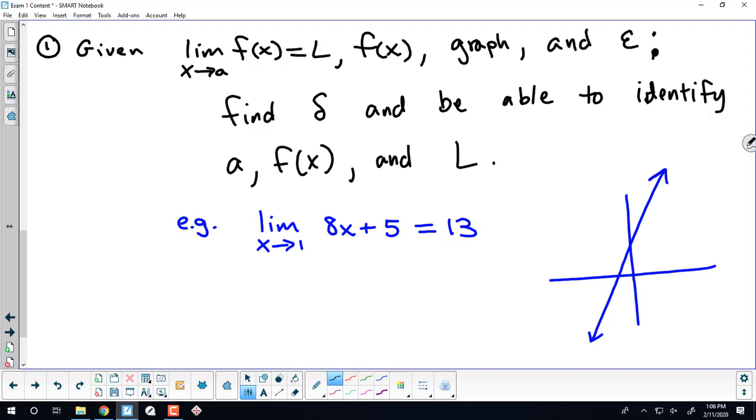And it would ask, what's a, what's f of x, and what's L. So you have to determine those. And then of course, with the epsilon given, you'll use the graph to find the delta. So that's what that problem from 2.7 entails. All right, and that's the content for our first exam.